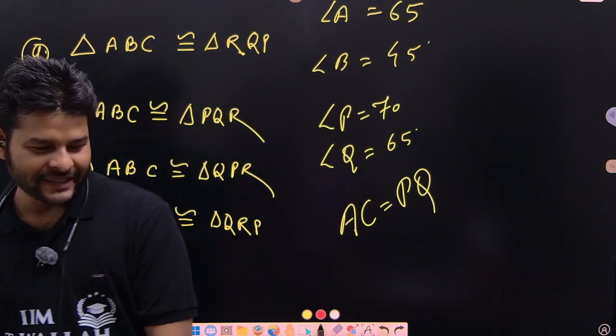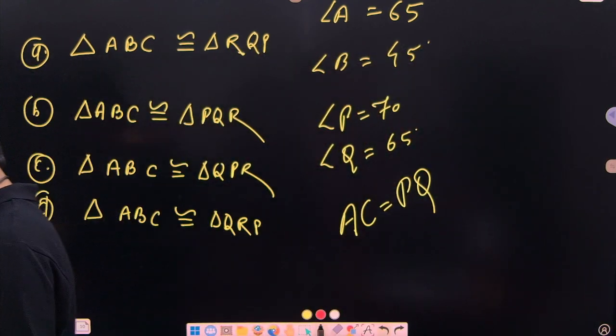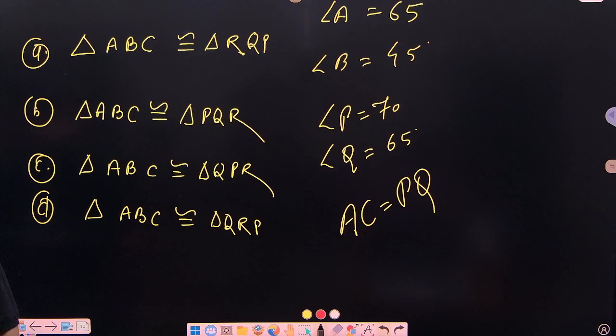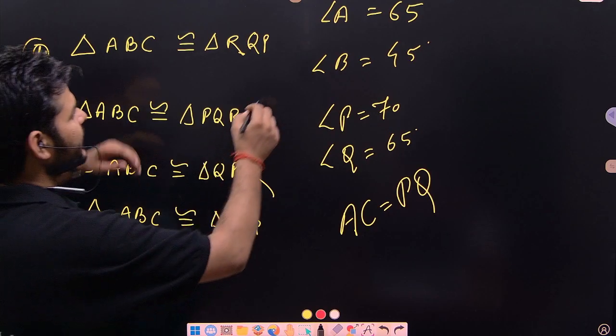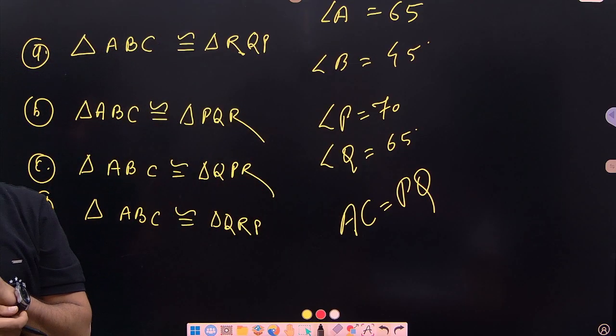So what would be the correct answer, guys? Which option is correct? D. Is D. So how? See, angle ABC are already congruent.